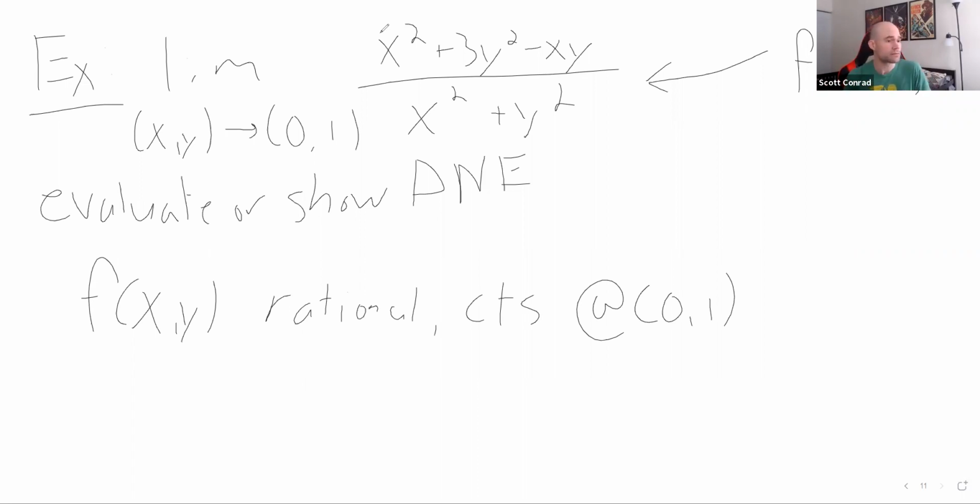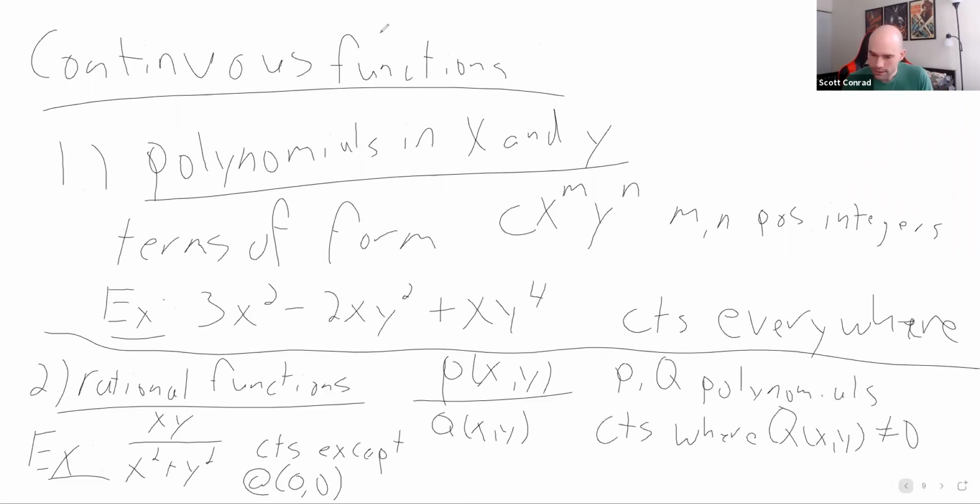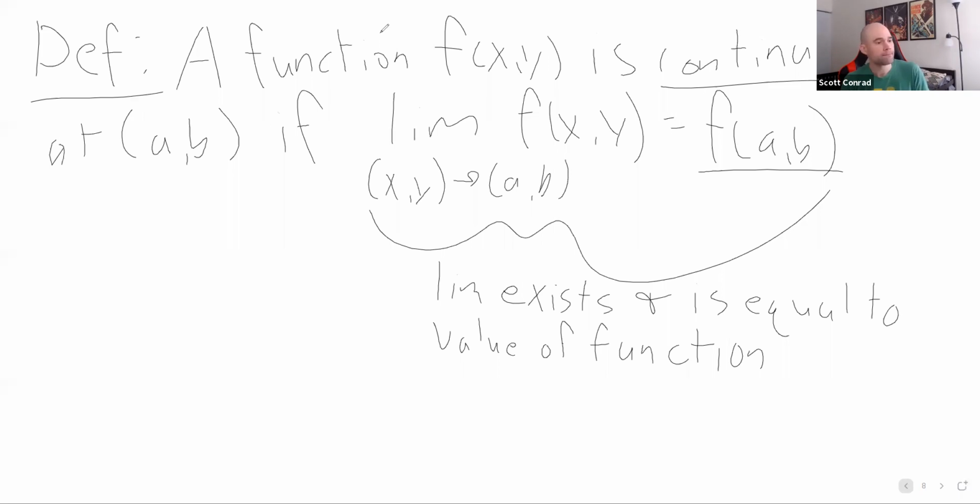So it's continuous. So since it's continuous, the definition of continuity says the limit exists and it's equal to the value of the function at the point you're taking the limit.